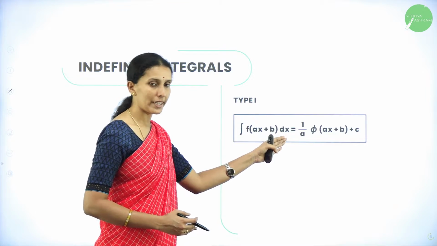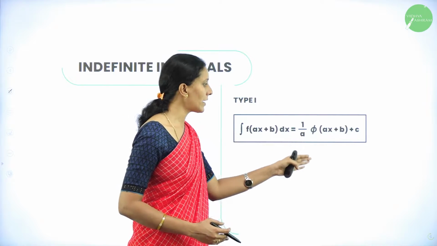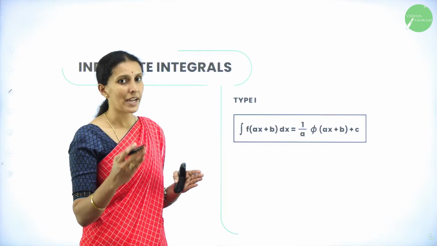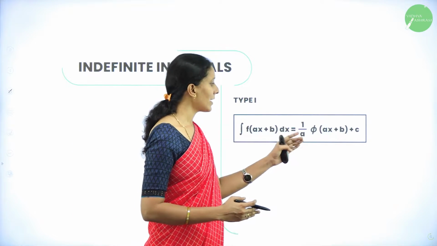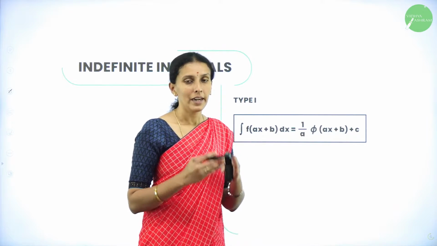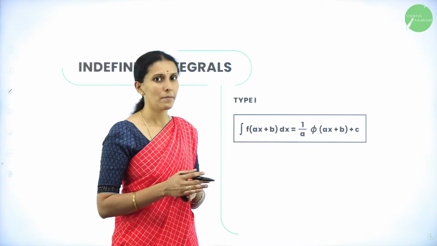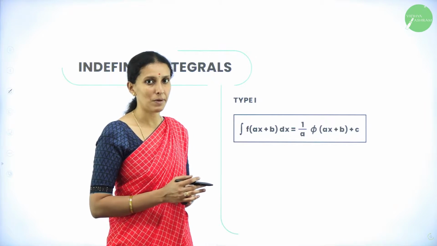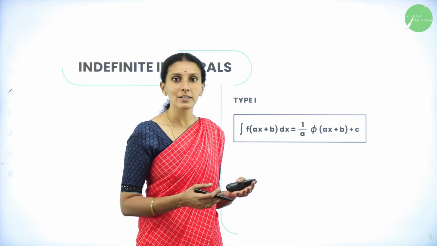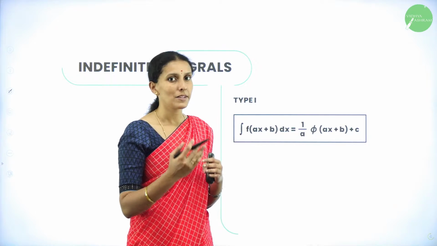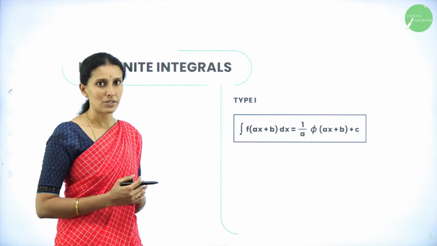plus b into dx can be written as 1 by a times the antiderivative of f at ax plus b. So integration of sin ax plus b is minus 1 by a cos ax plus b. Integration of cosecant ax plus b cot ax plus b can be written as minus cosecant ax plus b. Integration of ax plus b whole power n can be written as 1 by a times ax plus b to the power n plus 1 by n plus 1.